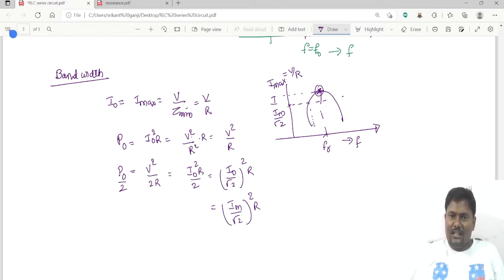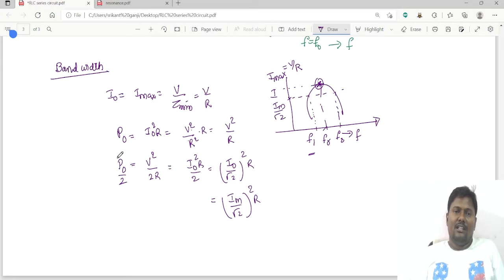It will touch the current curve at 2 points. One is the lower cutoff frequency and another one is the higher cutoff frequency. Lower cutoff frequency is represented with F1. Higher cutoff frequency is represented with F2. And these are the half power frequencies F1 and F2.